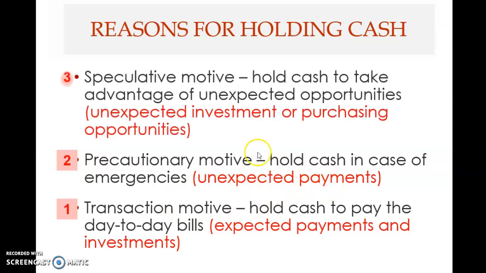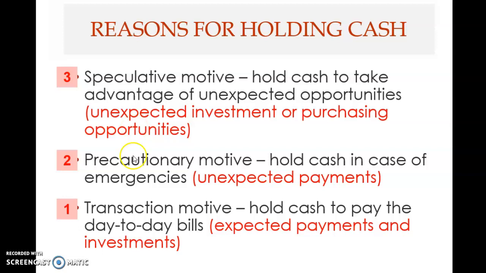And the third most important motive for holding cash is speculative motive. This means you hold cash to take advantage of unexpected opportunities. These opportunities can be investment or purchasing opportunities. So these are also unexpected.